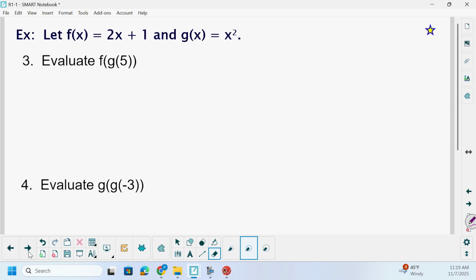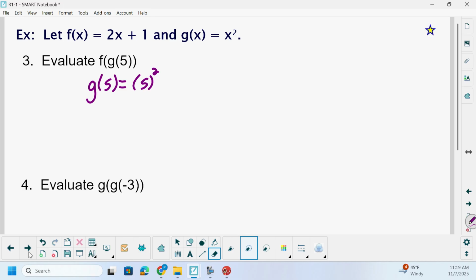Down on the bottom, we're going to see it with some actual numbers. So what this means is we're going to start on the inside, we're going to do g of 5. And then once we have g of 5, that's going to tell us what gets subbed into f. So for starters, we'll do g of 5. This means anywhere you see an x in g's equation, we'll replace it with a 5.